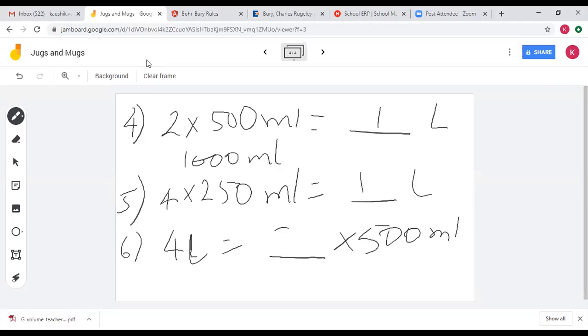Come on, give me the answer. 4 liter is equal to how many times 500 ml? That you have to answer. Very good, Tanmay. Correct answer. 8 times. You will have to multiply 8 into 500, that is going to be 4000.